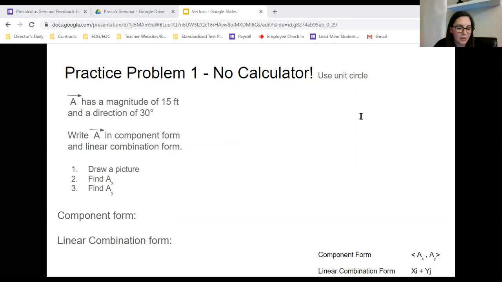All right, so it's been about 3 minutes. We'll go ahead and get started going over this problem. So the first thing that I'm going to do is draw a picture. So we've got a magnitude of 15 feet.